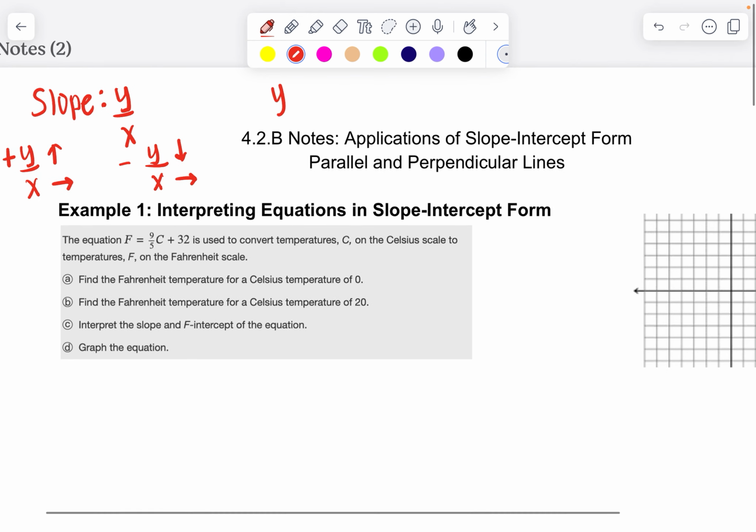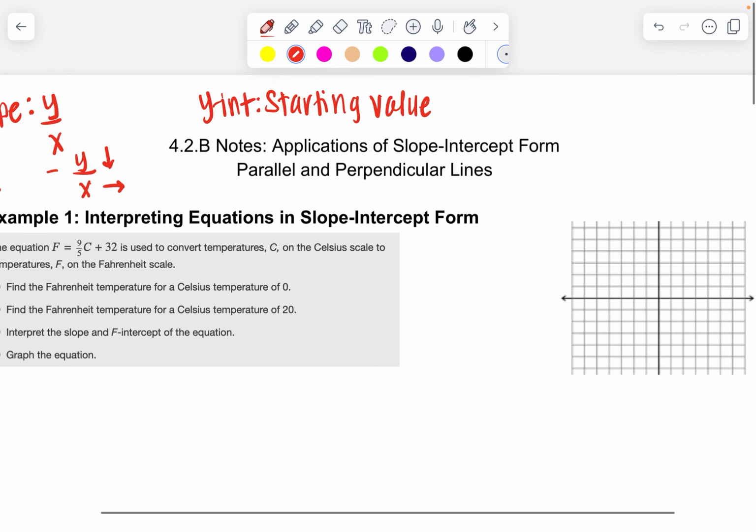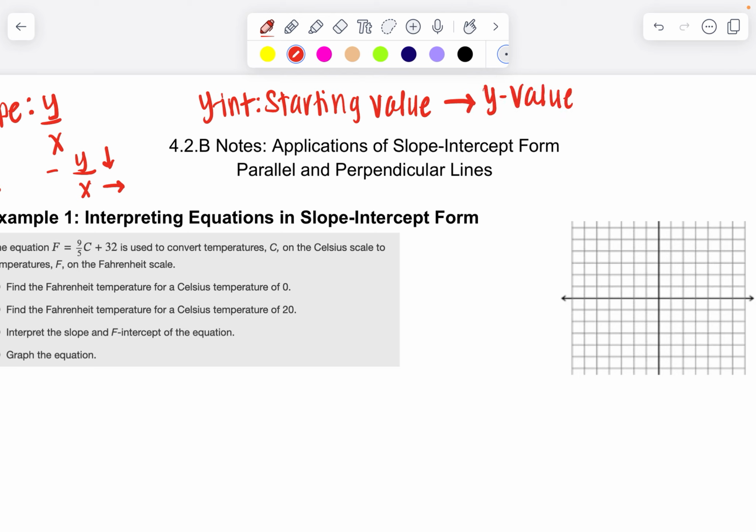And then also, the y-intercept is the starting value, and also the y value when x is 0.